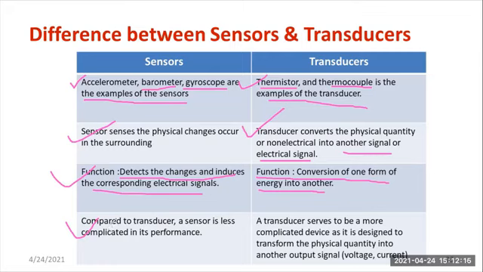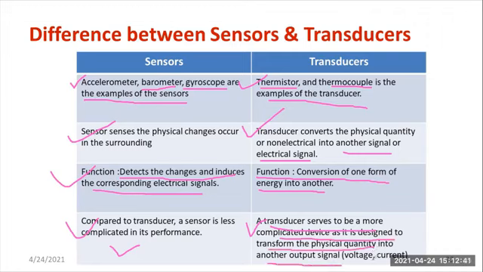Coming to another point, compared to a transducer, a sensor is much less complicated, and its working is also simple. But a transducer is complicated because it always comprises a sensing element as well as a signal conditioning device. So the transducer is a more complicated device as it is designed to transform the physical quantity into another output signal.